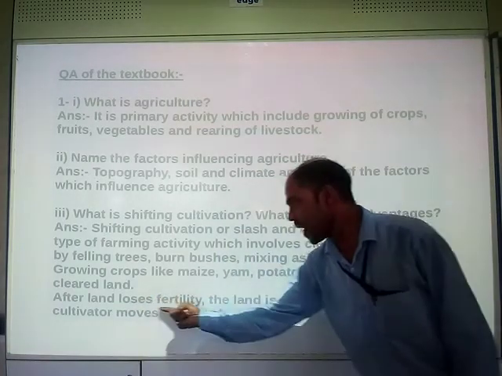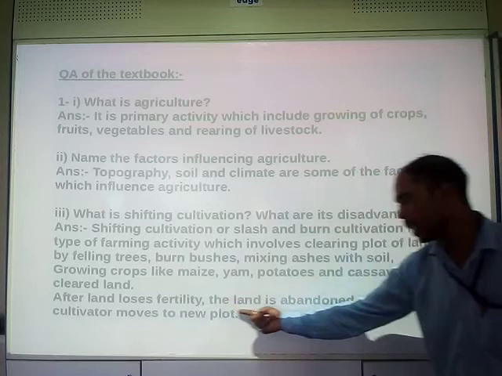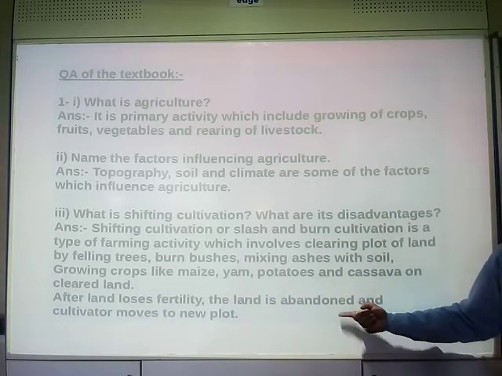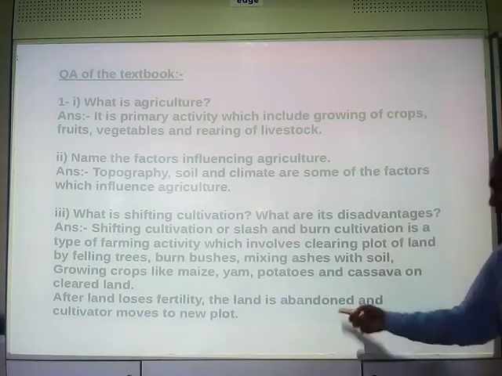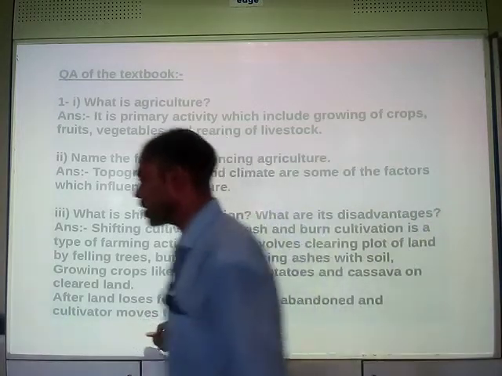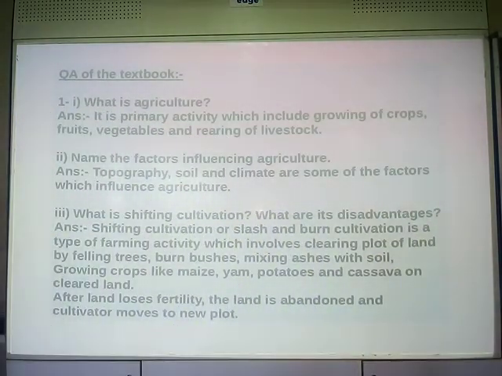And once the land loses its fertility, the land is abandoned, and the cultivator moves to another plot. That is the meaning of shifting cultivation.